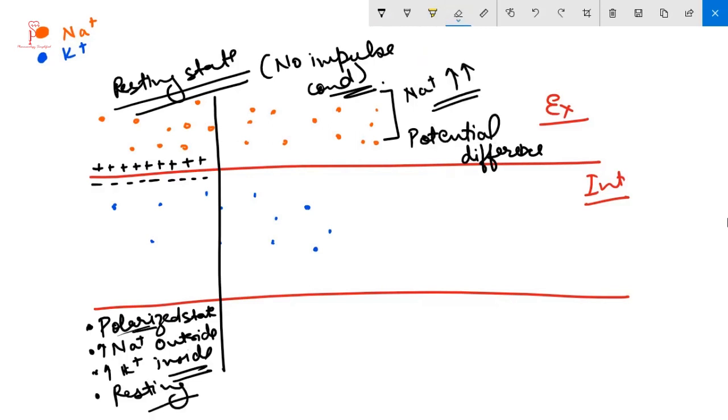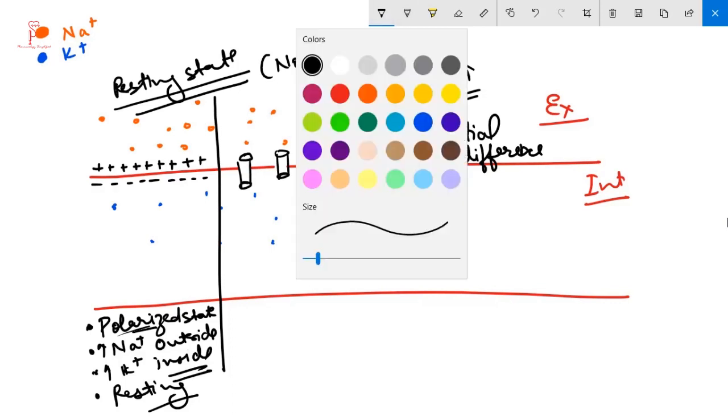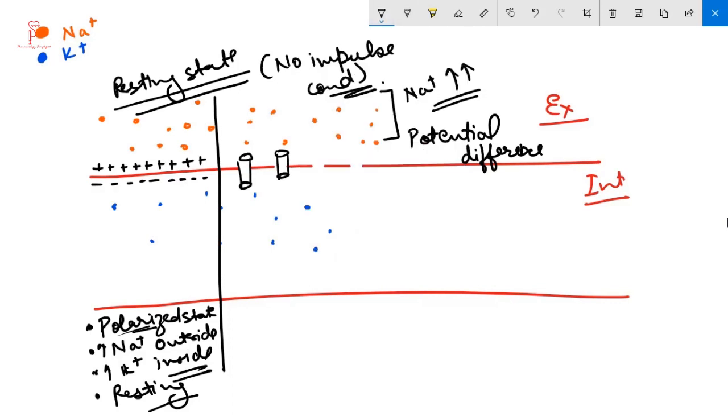Whenever you have an impulse, there are specific channels. For example, these are the sodium channels and these are the potassium channels.